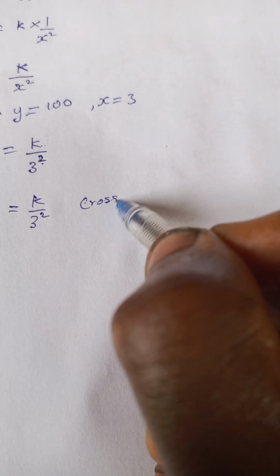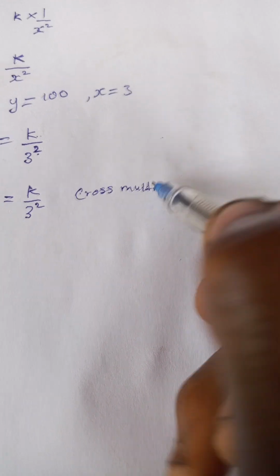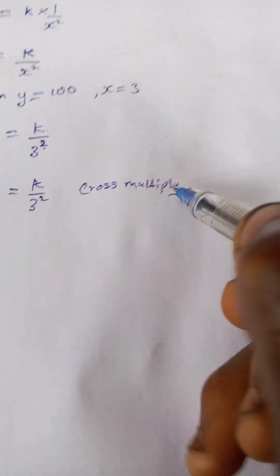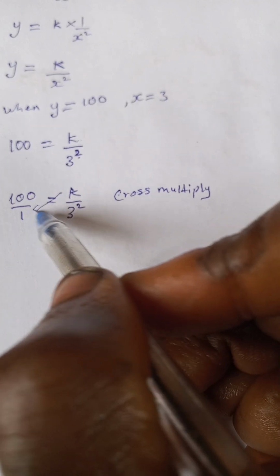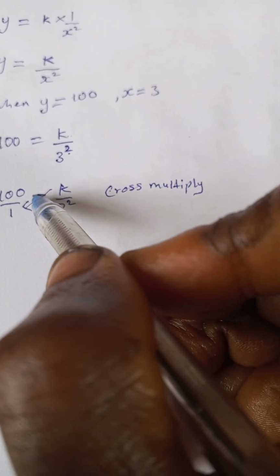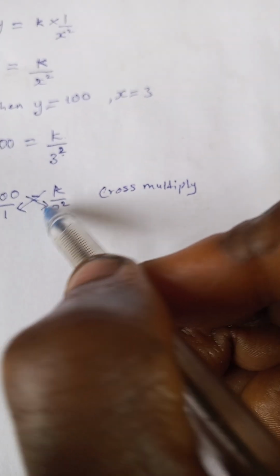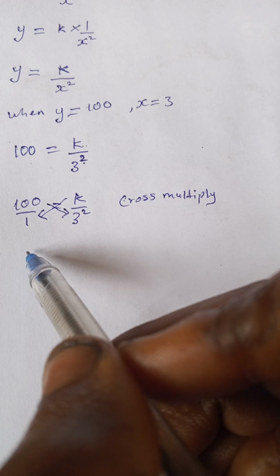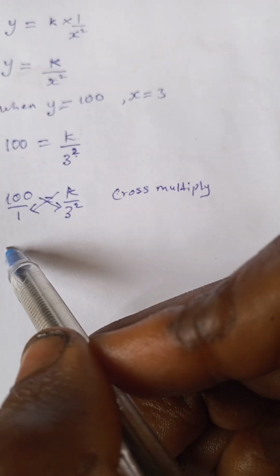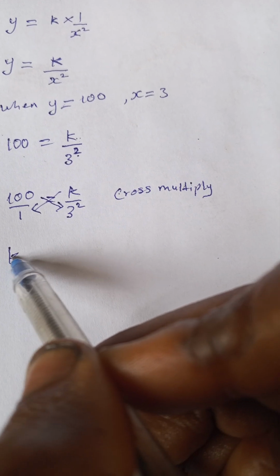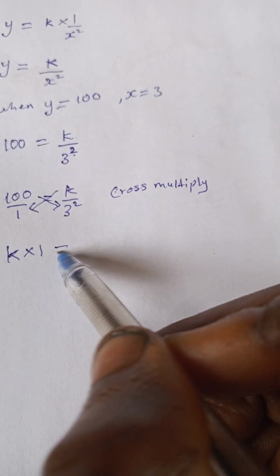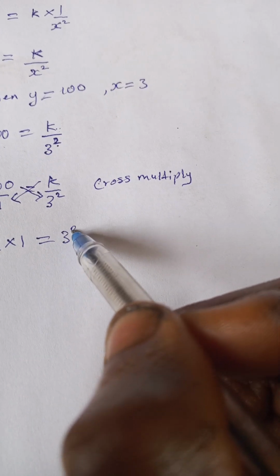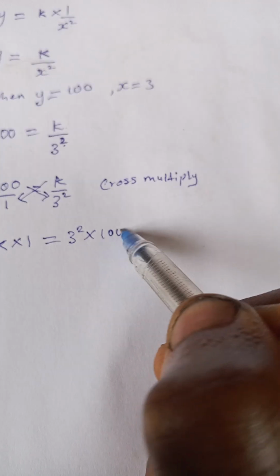At this point, you cross multiply. If you cross multiply, this multiplies this, this multiplies this, so you have k by 1 is equal to the square root of 3 by 100.